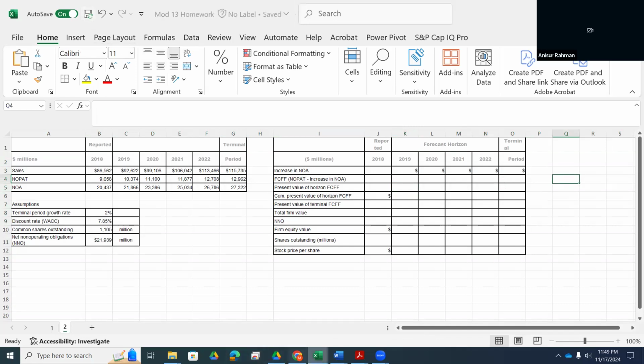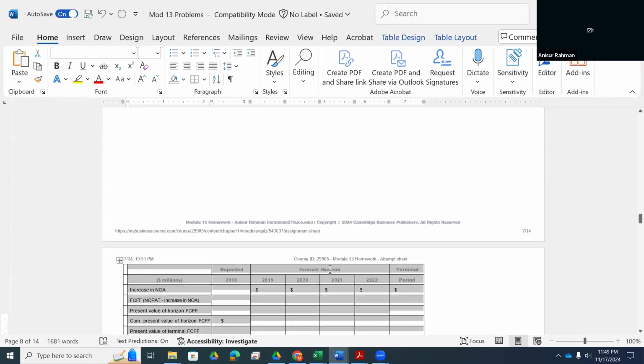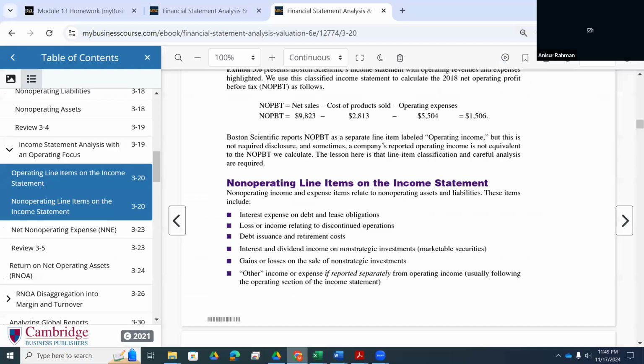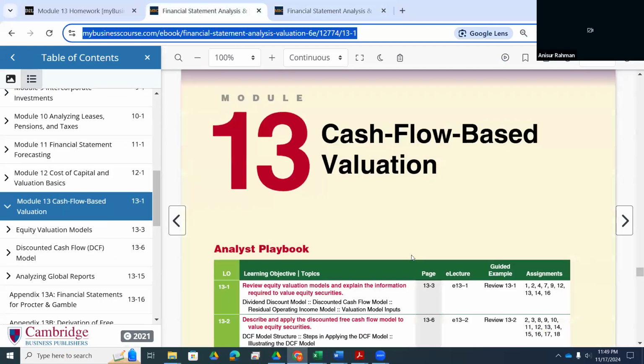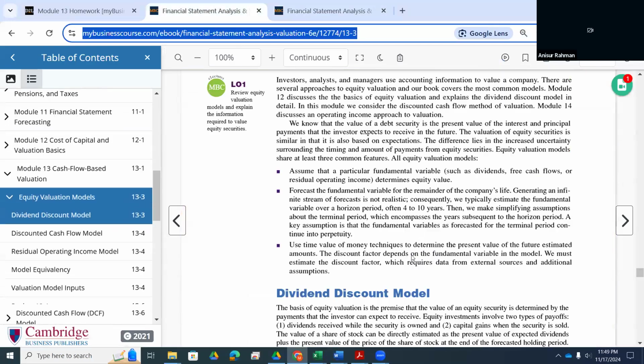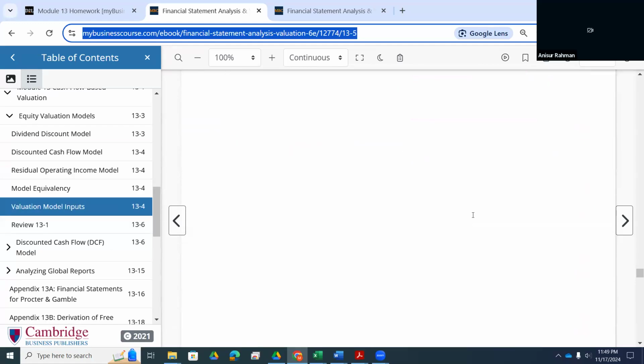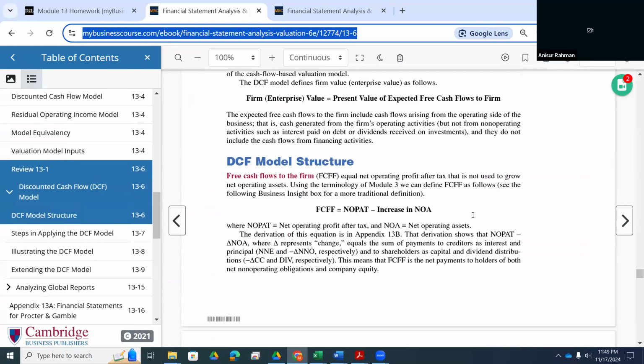So we have to use DCF, discounted cash flow. Chapter 13 discusses the DCF in detail, dividend discount model. So as per this model, what we have to do is find out free cash flow to the firm, FCFF, which is equal to NOPAT minus increase in NOA, which is net operating assets.